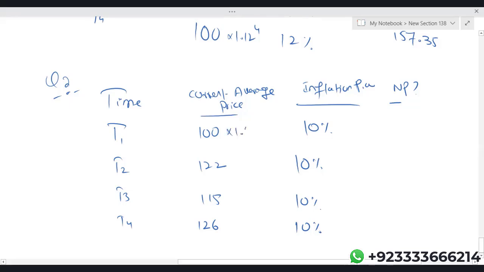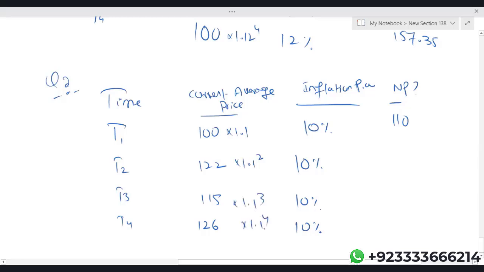100 multiplied by 1.1, we'll get 110. Now, shortcut is not possible. You cannot directly multiply 110 with 1.1, incorrect, because every year value is not the same. Now you have to work like this. Take power 2, then take power 3, take power 4.